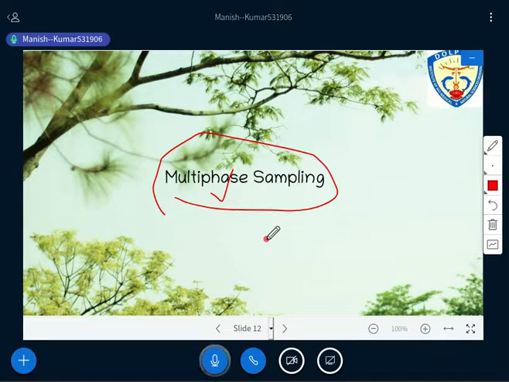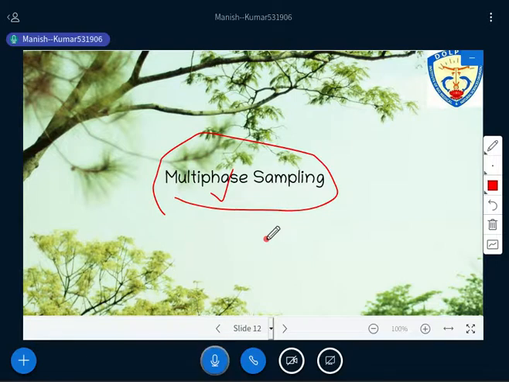So just try to understand what we have to do in this. Basically we are using the same sampling units. Listen carefully again. We are using the same sampling units at the different phases of sampling. And why are you doing that? You may be confused why you are taking the same sampling units for different phases of sampling.